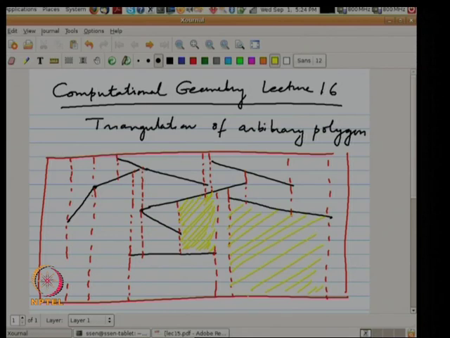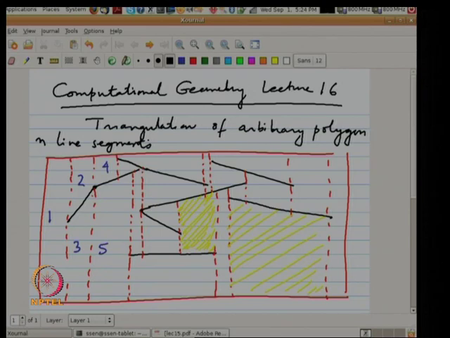So, I can number them maybe even: 1, 2, 3, 4, 5, etc. How many trapezoids do you think we can have, given that we have n line segments? N line segments means 2n endpoints.